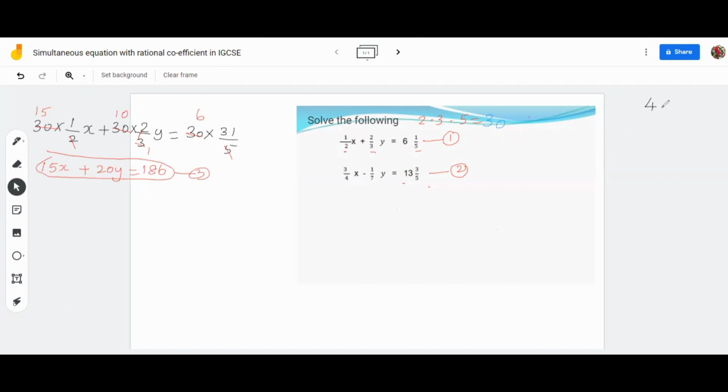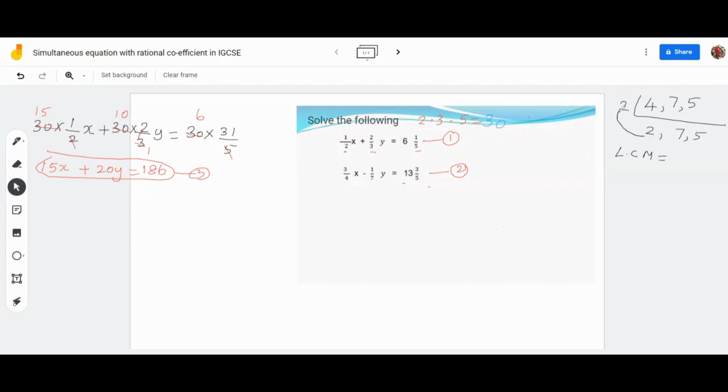See, 4, 7, 5. If you find the LCM, let's start with prime number 2. 2 times 2, 4, 7, 5. Again, you can stop the process because 2, 7, 5 are prime numbers.